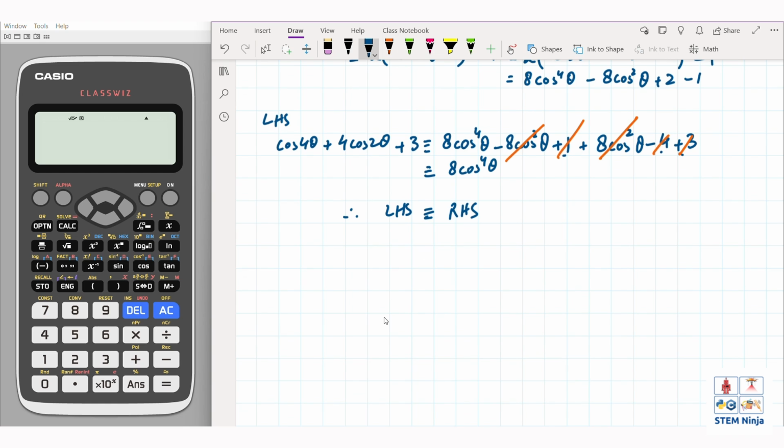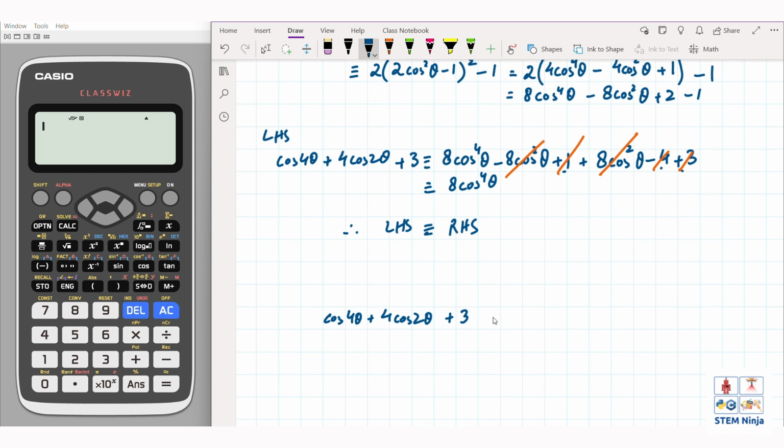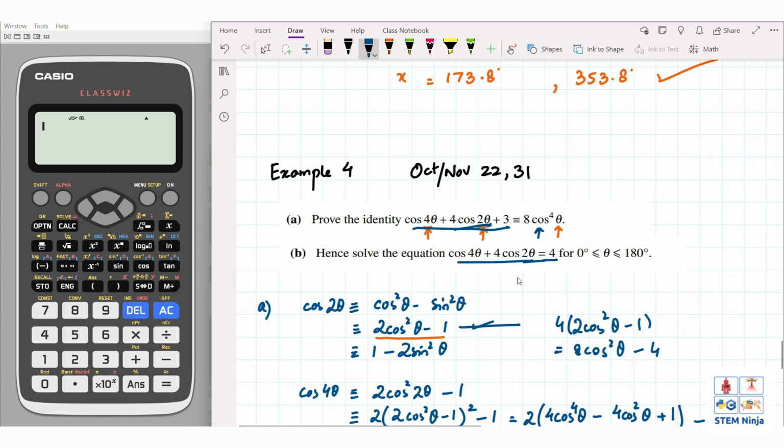So cos 4 theta plus 4 cos 2 theta plus 3, if this is equal to 8 cos raised to power 4 theta. Now we need to see what this is equal to, or how to get rid of 3 and put 4 on the other side.